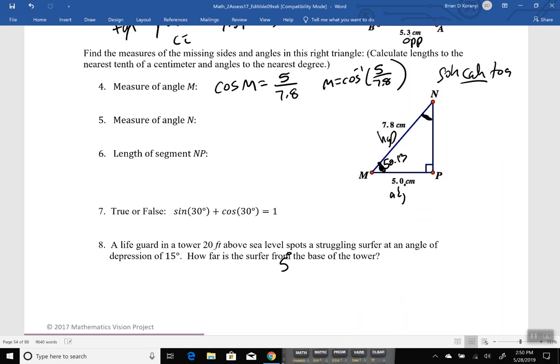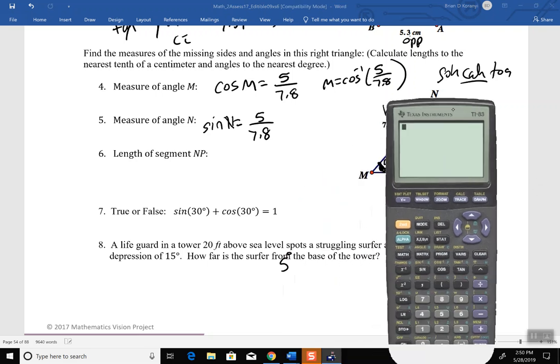So let's say angle N. If I'm talking about this angle now, then this is still the hypotenuse, but this is the opposite side. Opposite and hypotenuse would be sine. So sine of angle N would equal the opposite over the hypotenuse. Do the inverse on both sides.